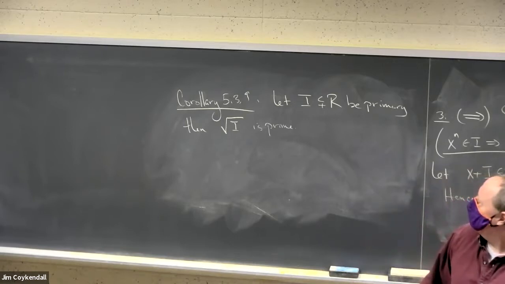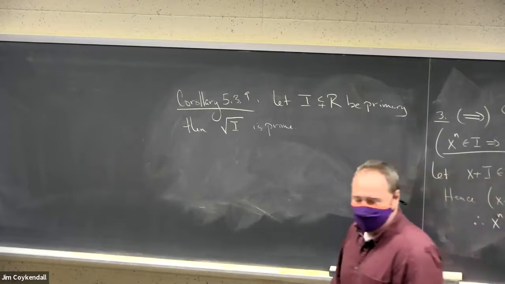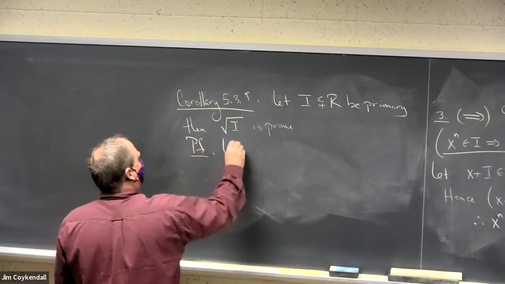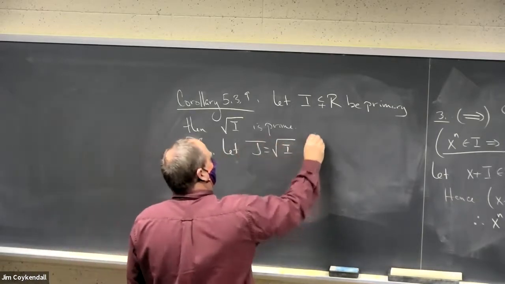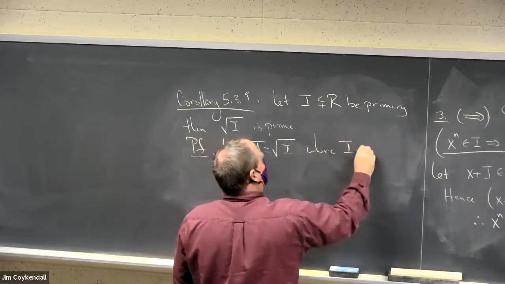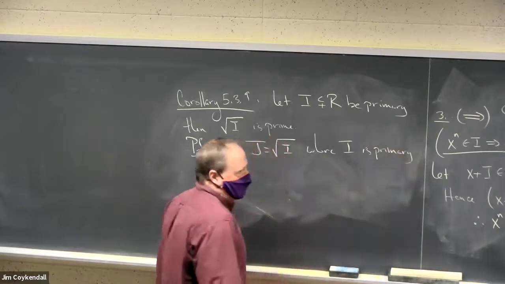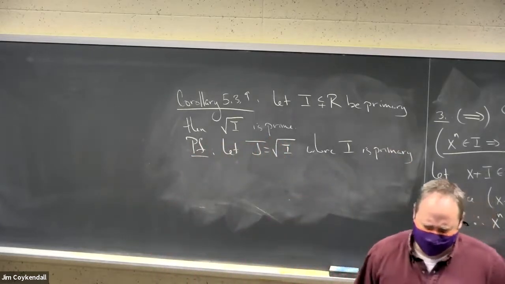So what this result says is if you have a primary ideal, the radical of the primary ideal is prime. You can do this as a corollary to theorem 537. I'm just going to do a direct proof here.